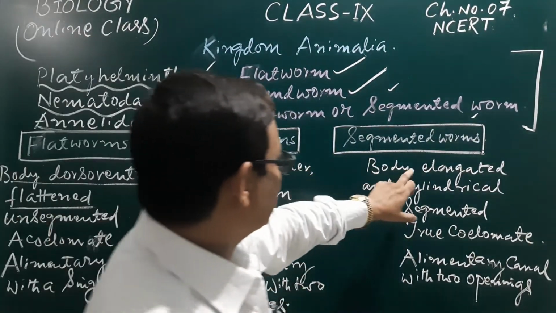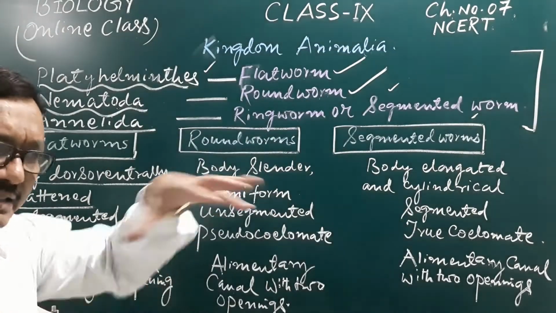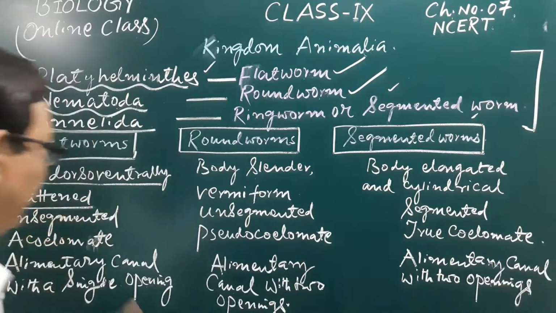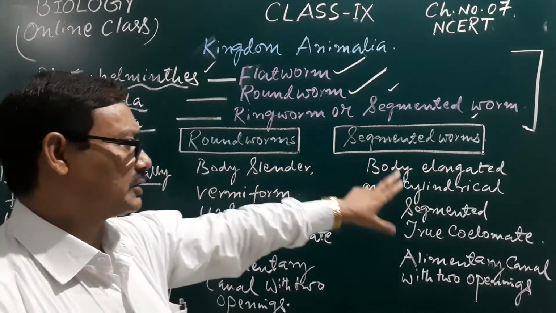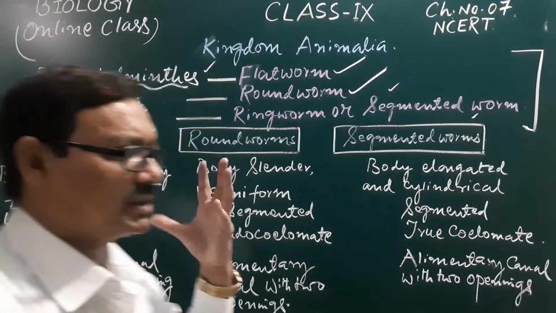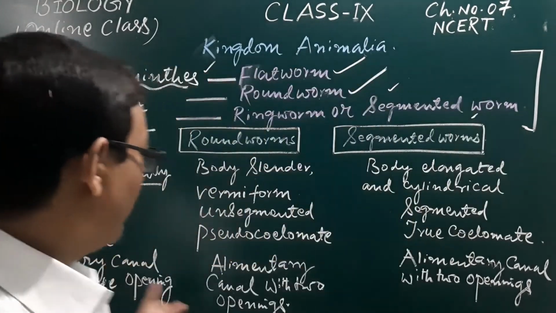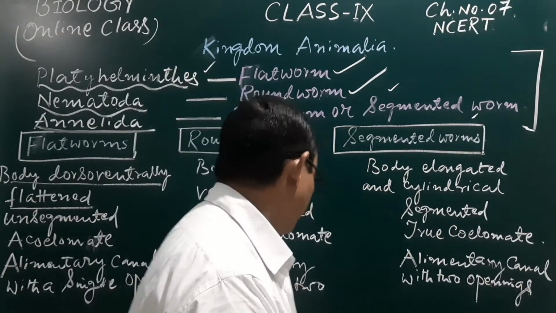और इसके बाद segmented worm में body elongated and cylindrical, गैस सिलेंडर के शेप का निकला हुआ. इसके बाद unsegmented, second point, it is also unsegmented, but you have seen only in Annelida that segmentation is present. And acoelomate, pseudocoelomate, true coelomate.